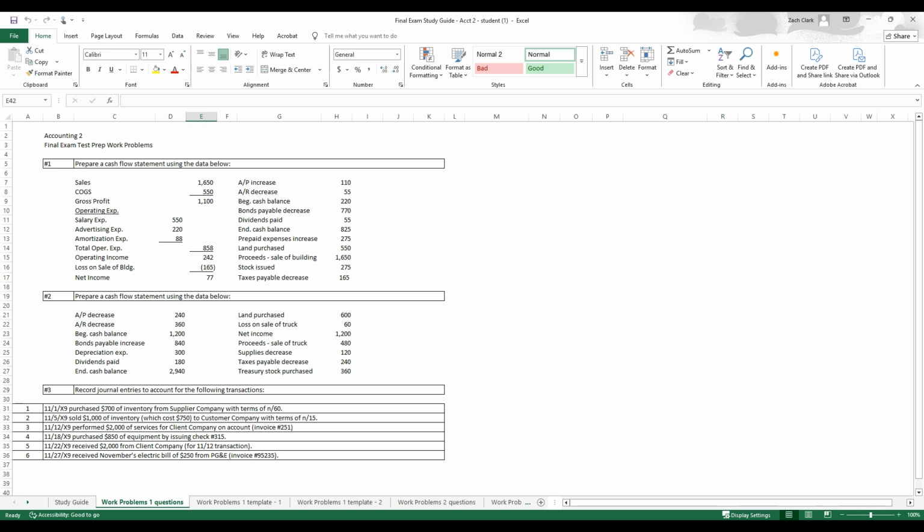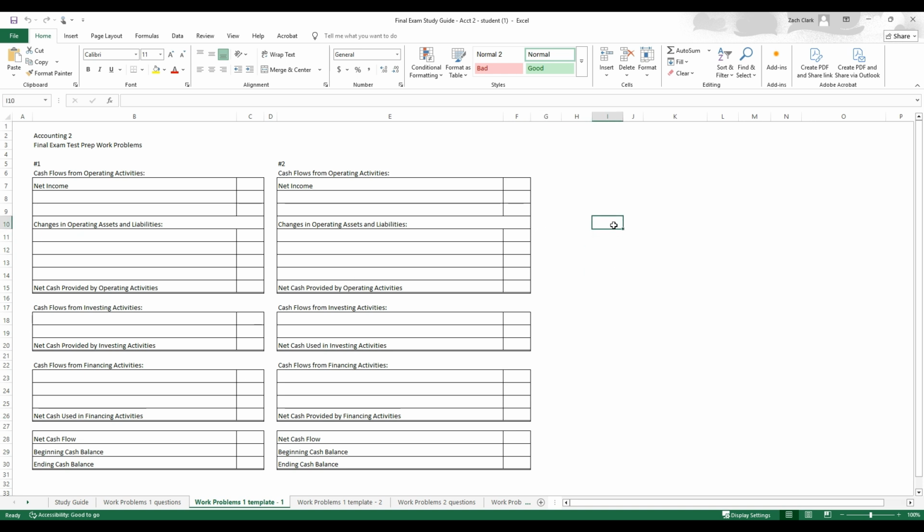So, okay, with that said, let's get into the actual solving of some of these work problems here. In addition to knowing all the concepts there, it will be helpful, or really essential, that you understand how to solve these work problems.